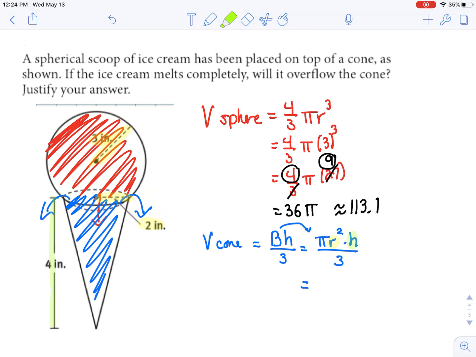The height of our cone is 4 inches, so we'll come back and plug that in for the height. So we've got pi times 2 squared times 4 divided by 3. 2 squared is 4. 4 times 4 is 16. So now I've got 16 pi divided by 3.